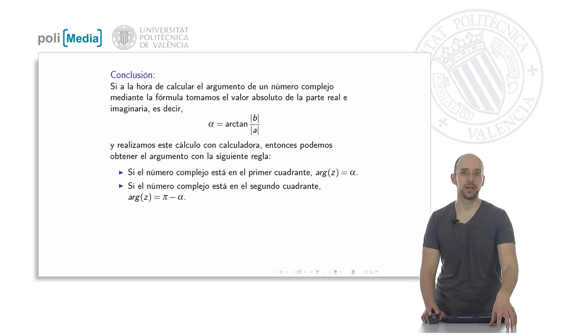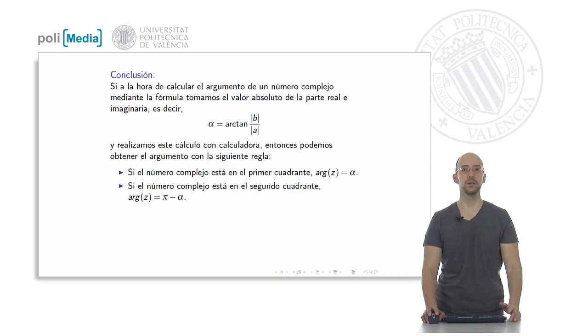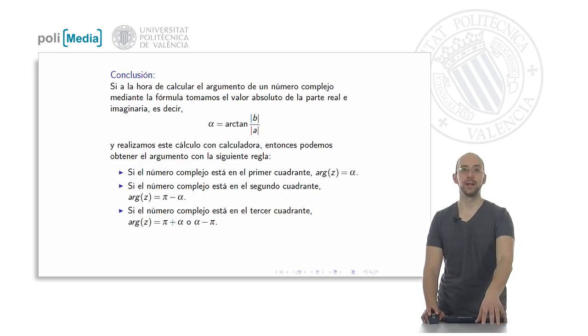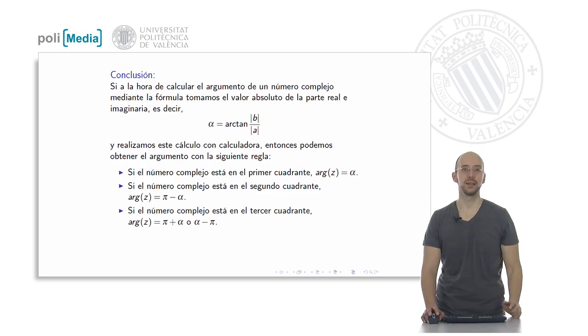Once calculated the arctangent, calculate pi minus the value obtained, and that gives us the argument in the second quadrant. If, on the other hand, the complex number is in the third quadrant, we apply the formula, obtain the value of alpha, and calculate pi plus alpha, or alpha minus pi if we want the angle positive or negative.